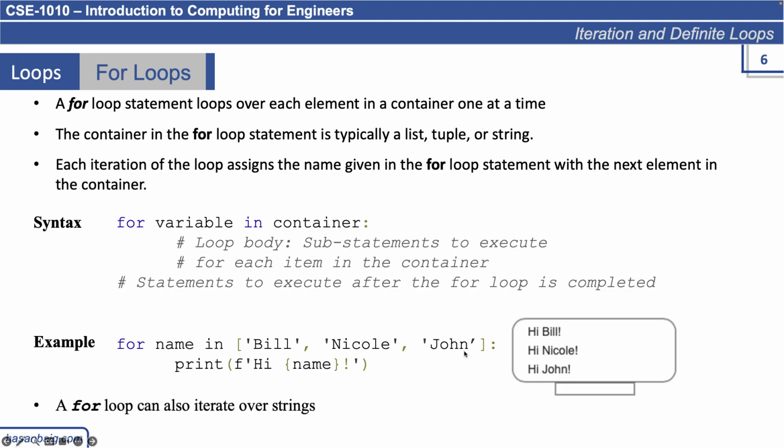A for loop can iterate over strings as well. Let me explain it to you on a whiteboard, because it's hard to explain in words.